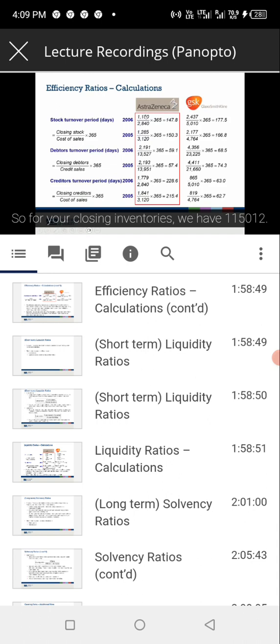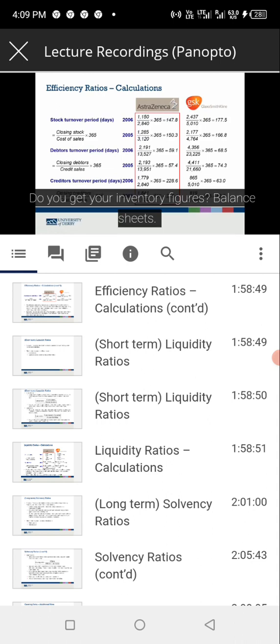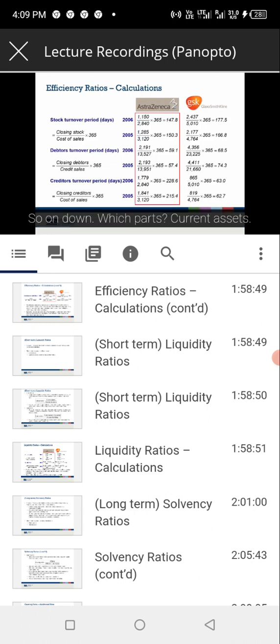For your closing inventories, we have 1150, 1285, 2437, and 5010. Where on the financial statement do you get your inventory figures? Balance sheet. Under which part? Current assets. Correct. Is that okay?